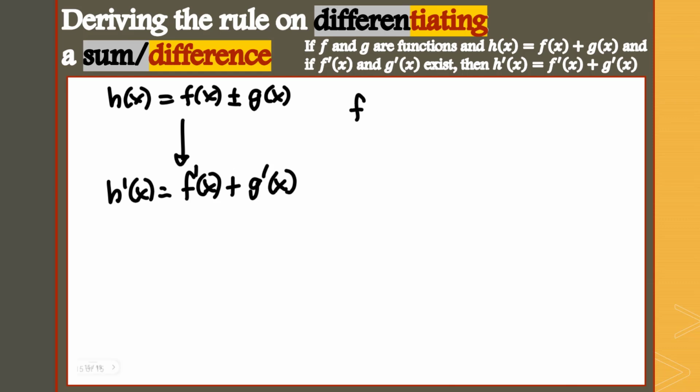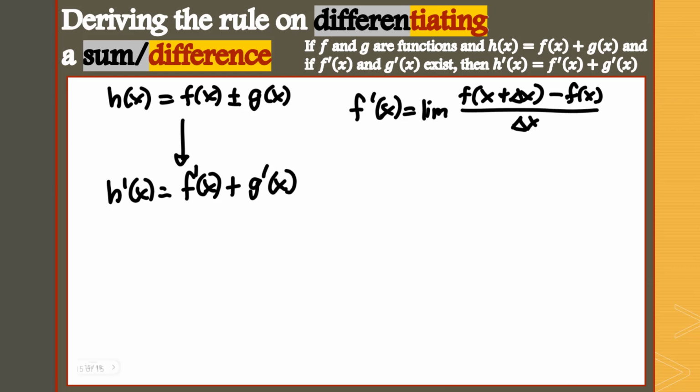This is not the theorem, this is the definition of the derivative. We have the limit of f of x plus delta x minus f of x, over delta x, as delta x approaches 0. This is by definition. Other references like to use h instead of delta x, or increment of x, for easier manipulation: f of x plus h minus f of x.